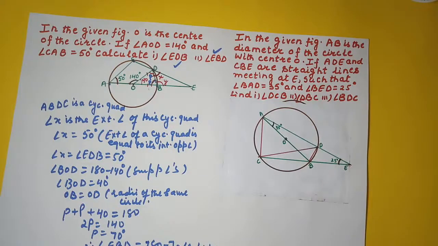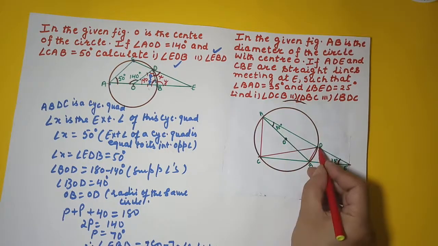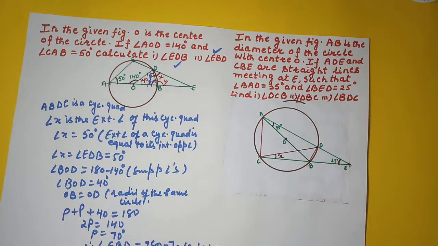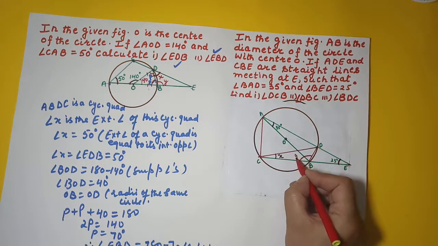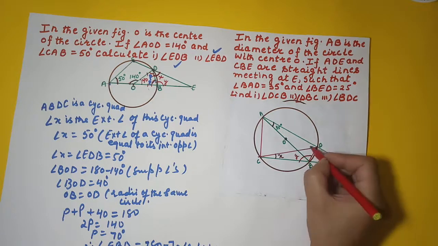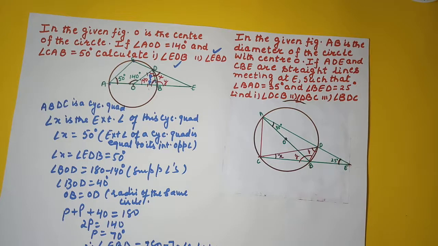Now again, let's see DCB. That means this angle we have to find. Let's name this as X. DBC. That means this entire angle we have to find. Let's name this as Y. And angle BDC. BDC is this. Let's name this angle as Z.